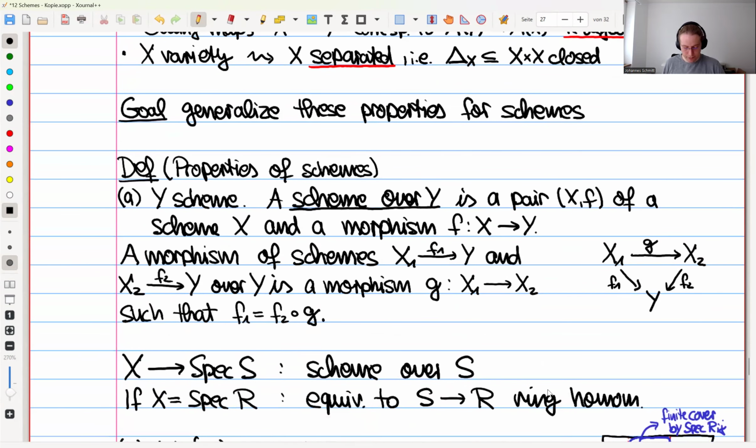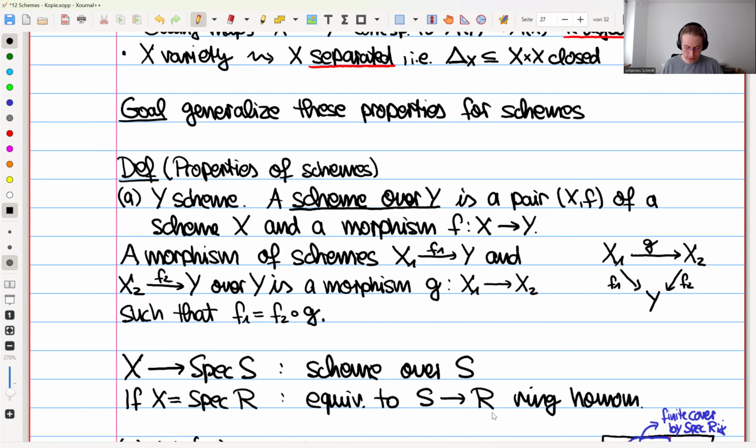And so if Y is of the form spec S for a ring S, then you often just say X is a scheme over S. And that just means scheme over spec S. And then if also this here is affine, if this is spec R, then we have seen a map from spec R to spec S is equivalent to a map from S to R, a ring homomorphism.